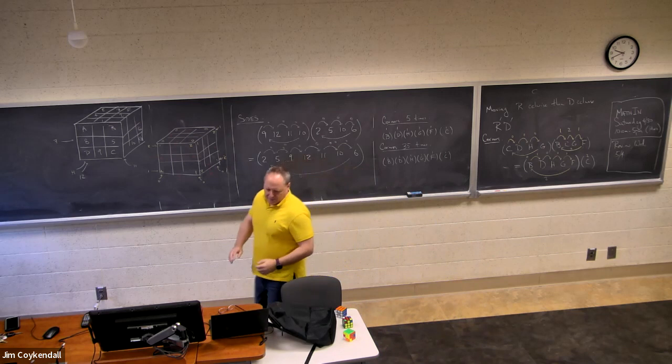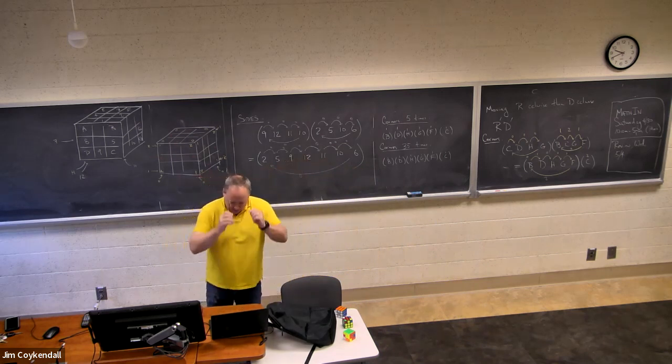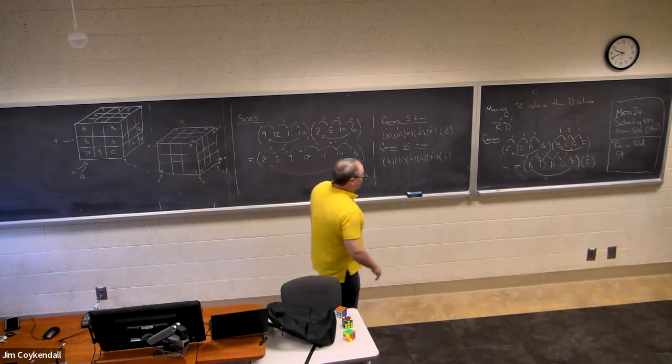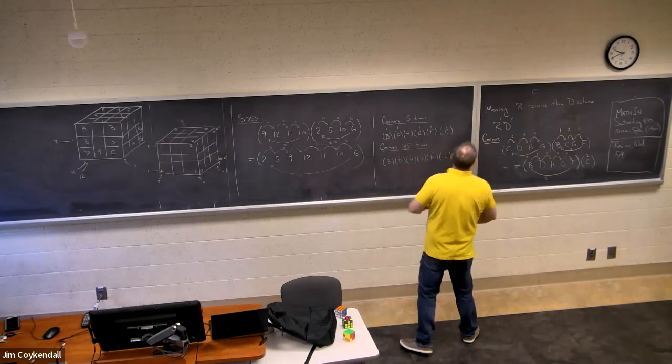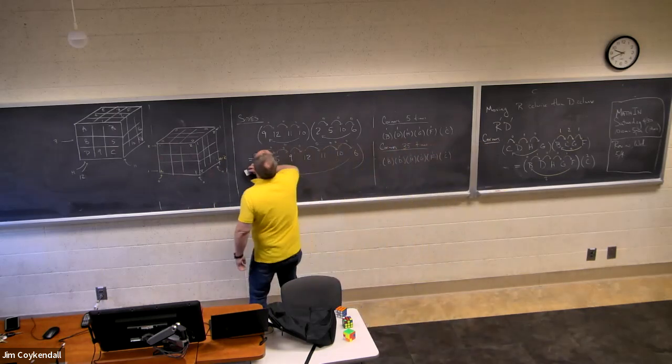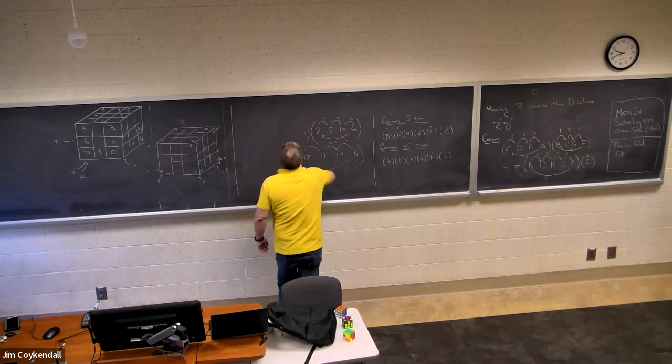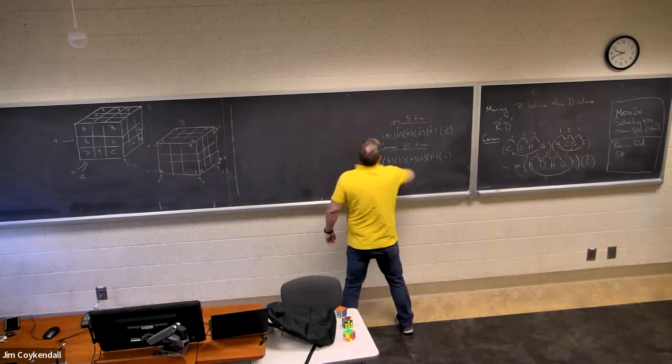So let me give you the move I want us to analyze. Let's look at the following move here. You'll probably want to get a pencil and piece of paper to help me with this.